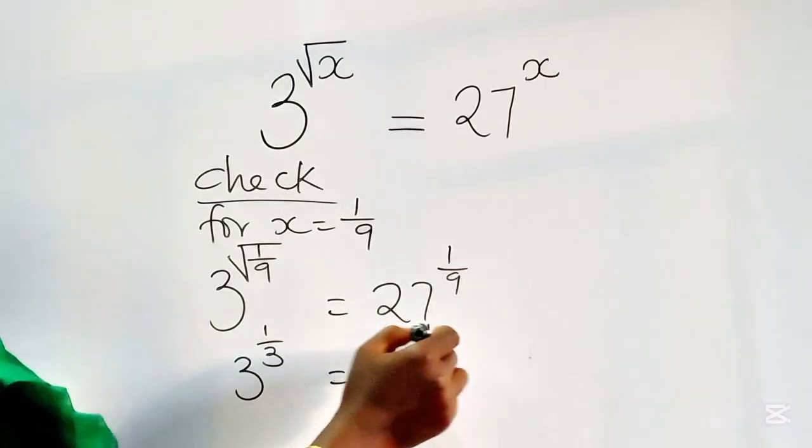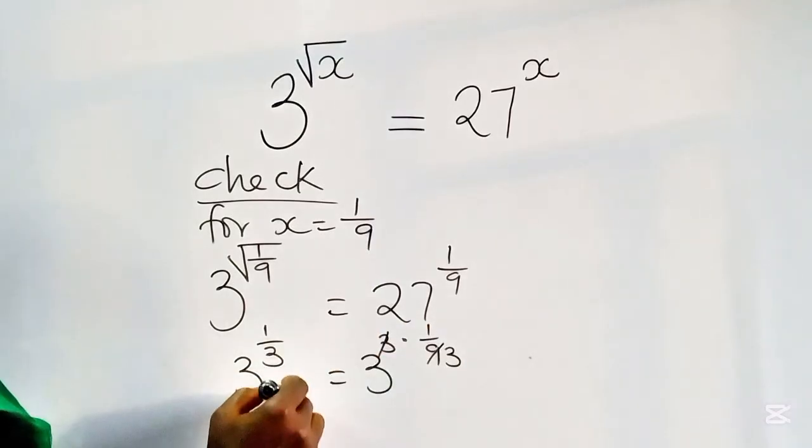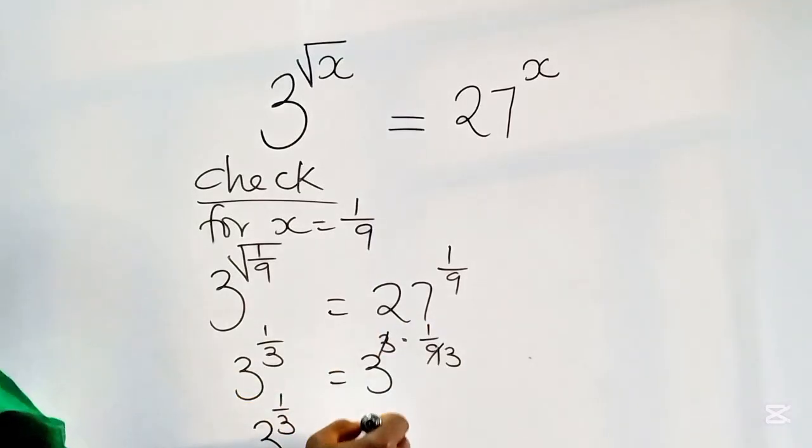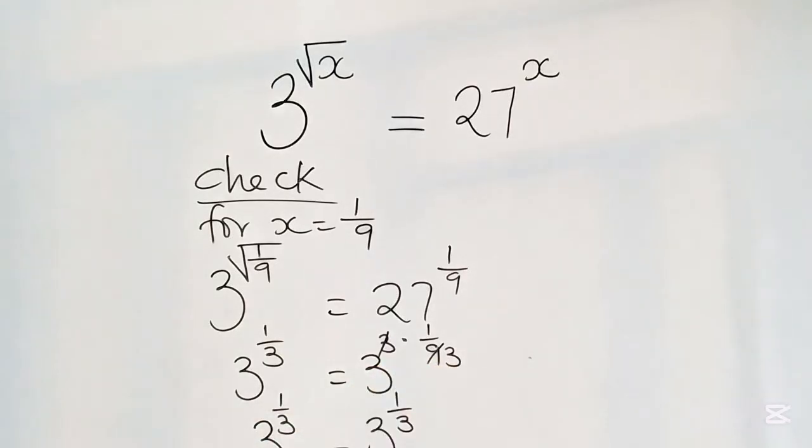So we're going to have this 3 go into this 9 to give us 3. So we have 3 to the power of 1 over 3 is equal to 3 to the power of 1 over 3. Therefore, the value of x as 1 over 9 is also true for this equation.